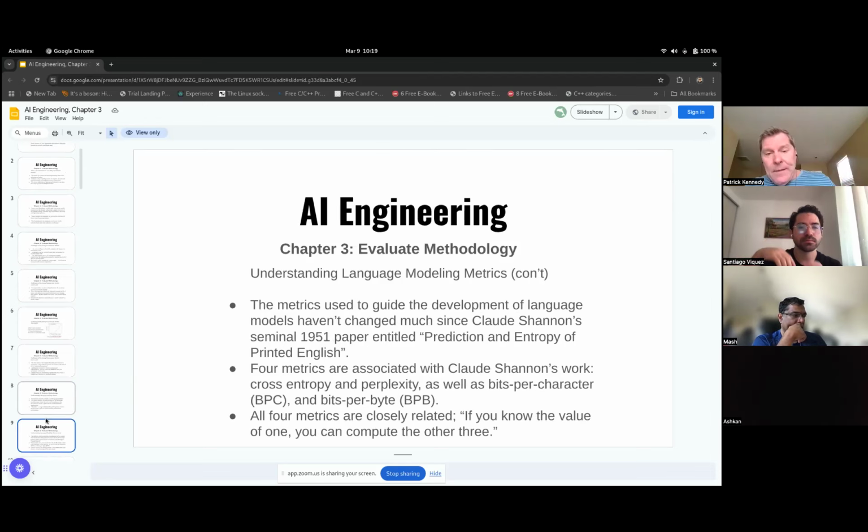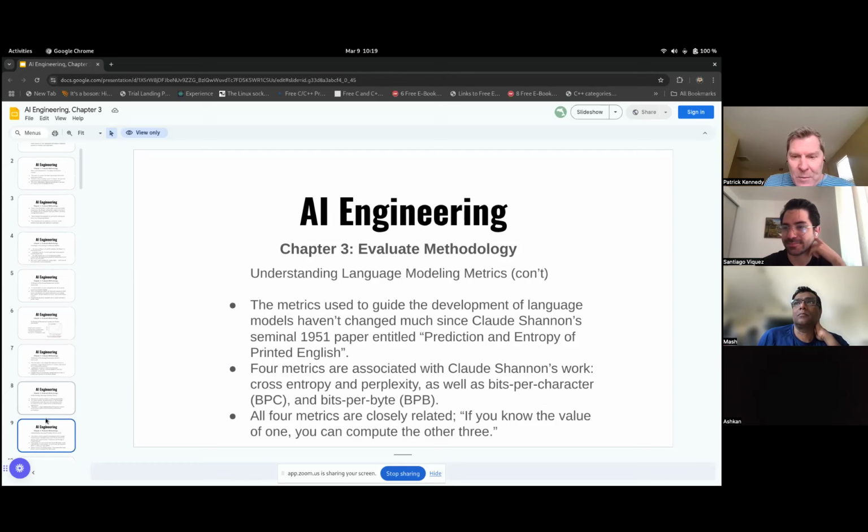So again, I'm new to ML to a certain degree. I've been studying it on and off for 5 to 10 years, at least 5 to 8 years. I'm not an expert on everything, but what's fun is nowadays you can use AI to help you learn AI.